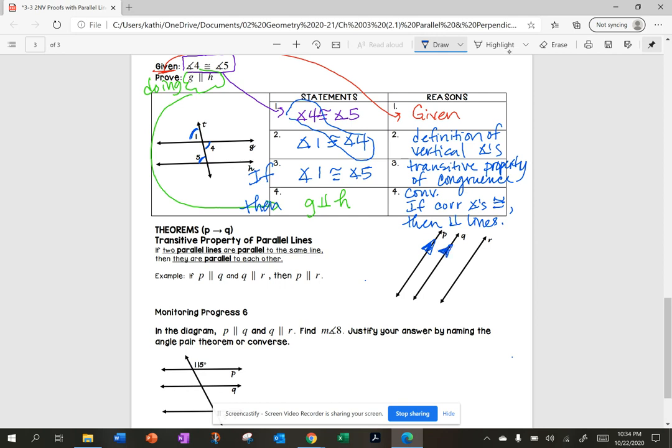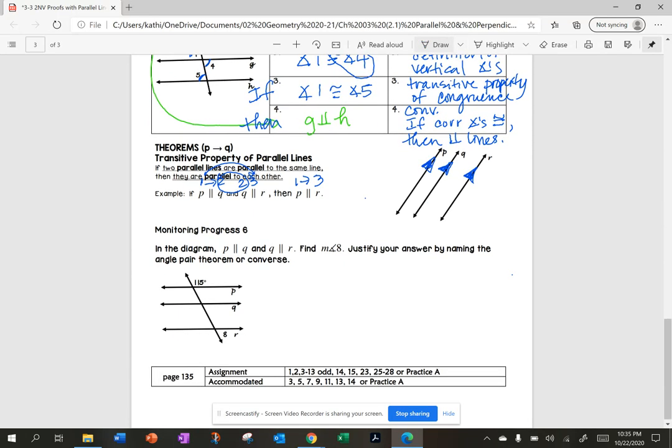And if Q is parallel to R, since Q has one arrow, I'm going to put the one arrow on R also. Then P is parallel to R, so all three are parallel. So this is the 1 to 2, and then the 2 to 3. So I can say 1 to 3. When I repeat, that's my transitive property.